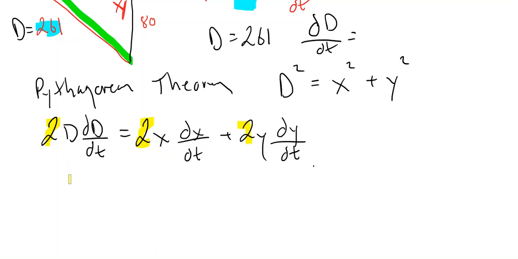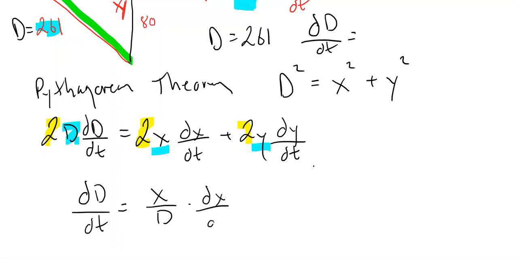Then I'm going to divide by D, and so I will have solved for dD/dt. That will be equal to X over capital D times dx/dt plus Y over capital D times dy/dt.